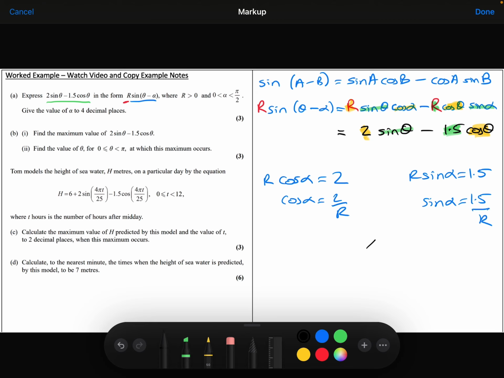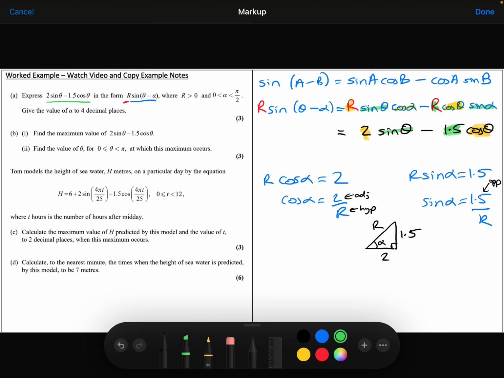So if I had a right-angled triangle where this angle here was alpha, then the adjacent side of the triangle would be 2, and the hypotenuse would be r, and the opposite would be 1.5.